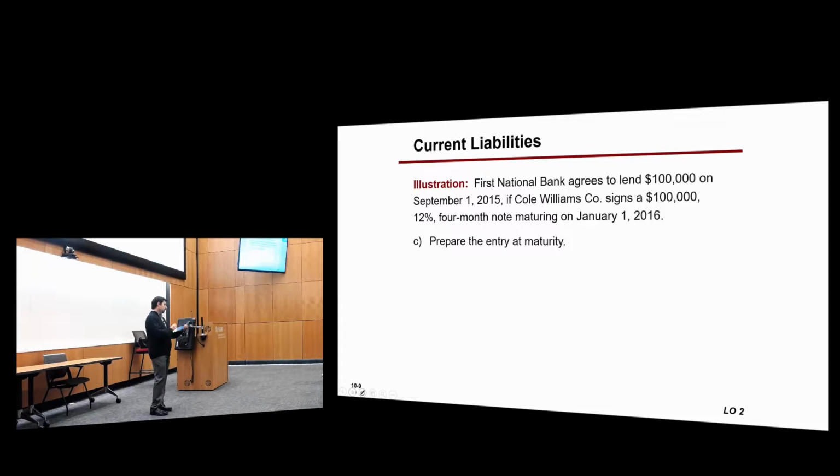So, at maturity, that's on January 1st, the company will debit the liabilities. You want to decrease liabilities. The company is going to pay in cash the face value plus the interest that they have recognized already.